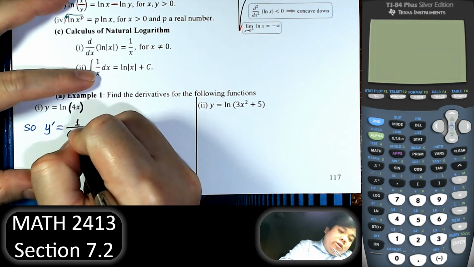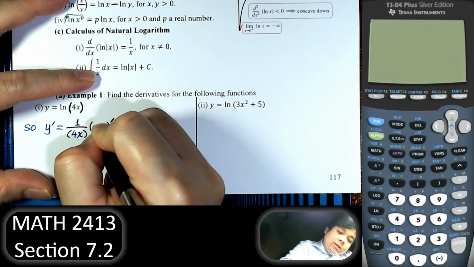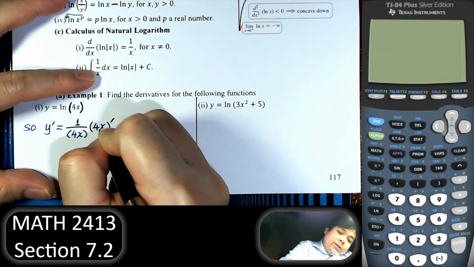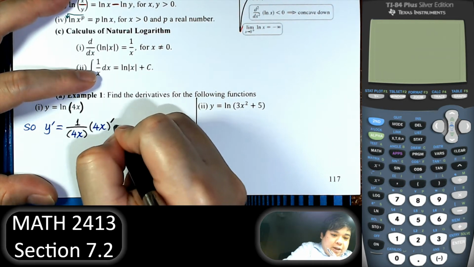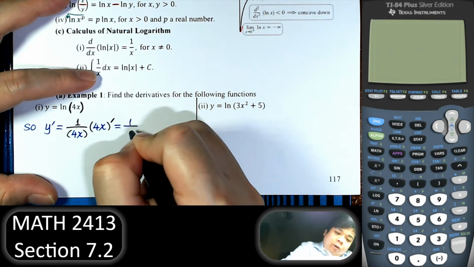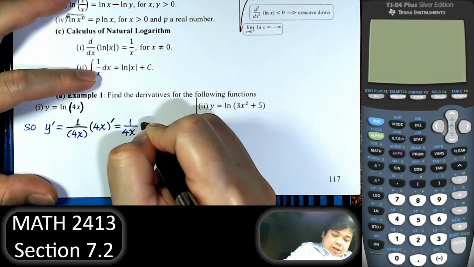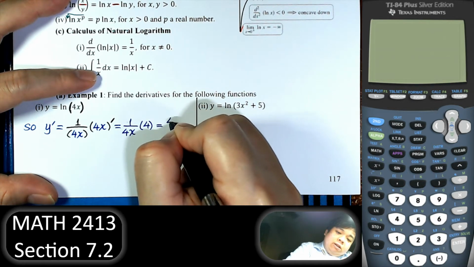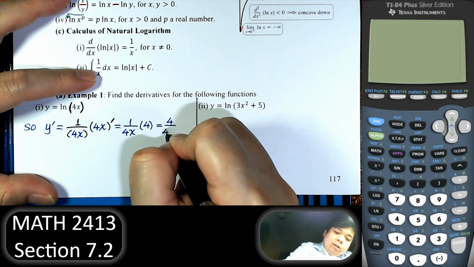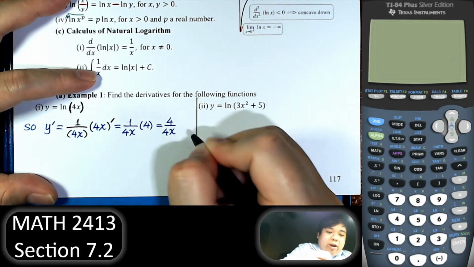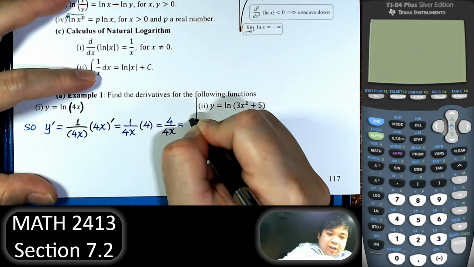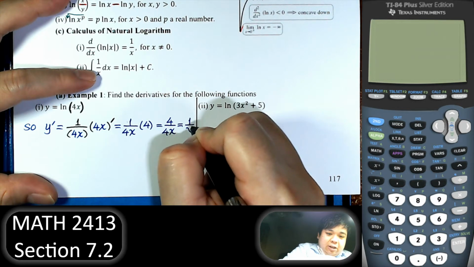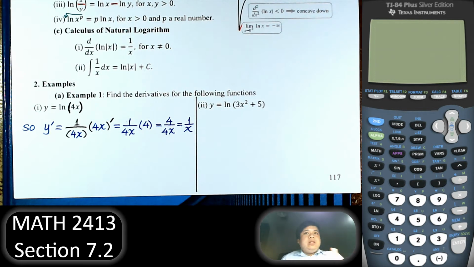It just happened to be 4x. The derivative of 4x is 4. You can multiply that to the top. 4 and 4 cancel out, equal to 1 over x.